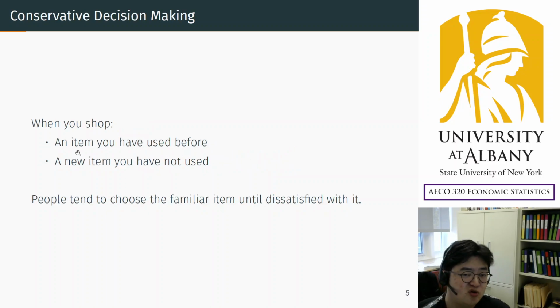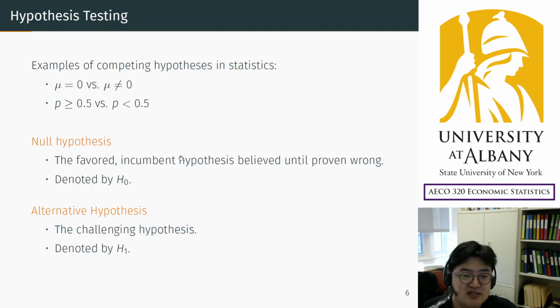And also, in your decision making, there must be some default status quo decision that you are going to choose without thinking. So that is the null hypothesis. So also in statistics, you may ask a question already with some belief about statistical parameters.